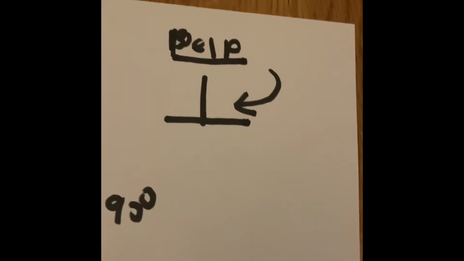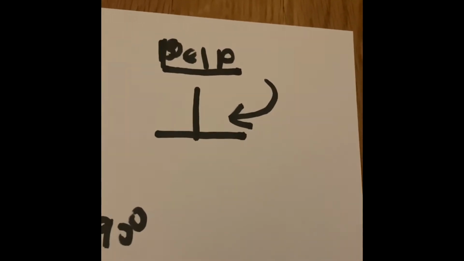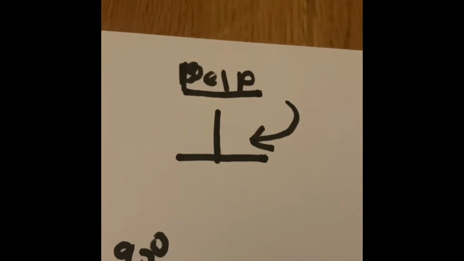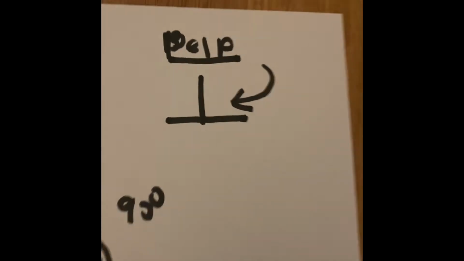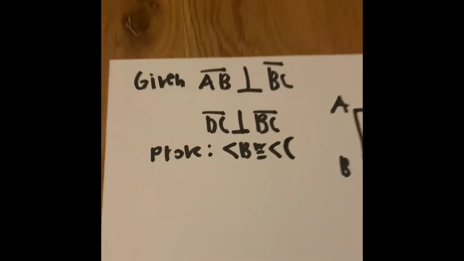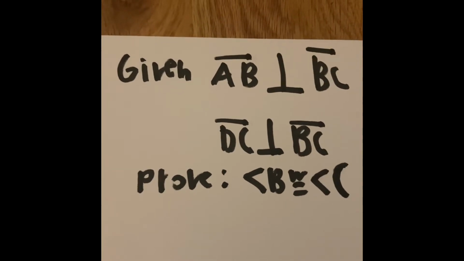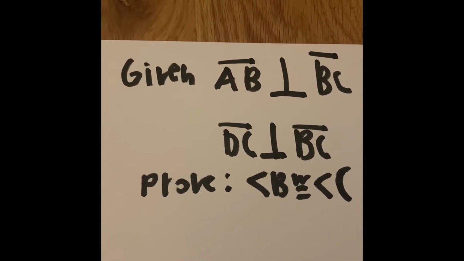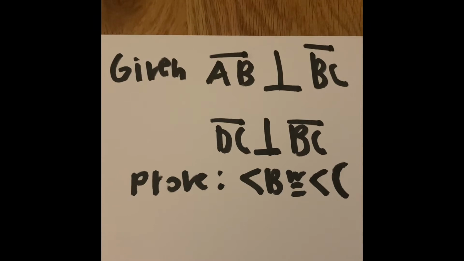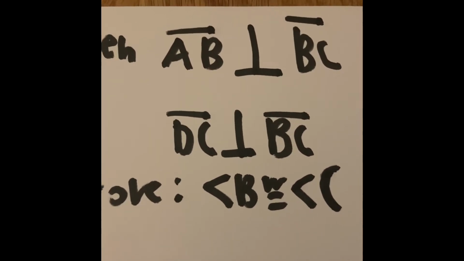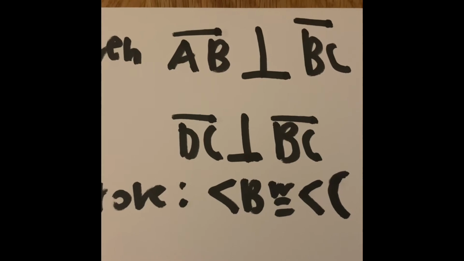Now we're going to go into a proof and see how we can prove that two lines are perpendicular. Here is our problem. What's given to us is that line segment AB is perpendicular to line segment BC, and line segment DC is perpendicular to BC.